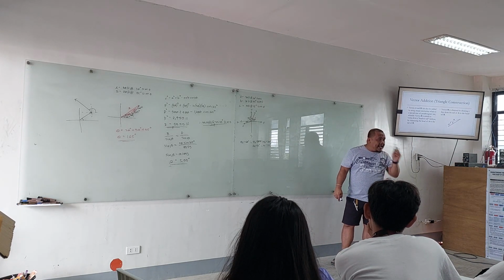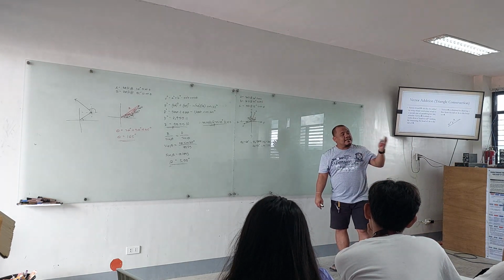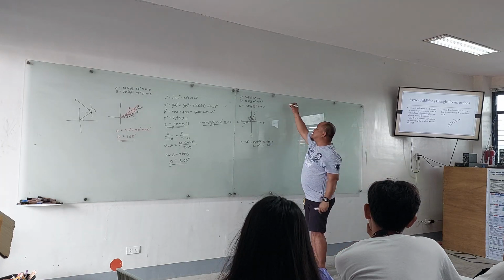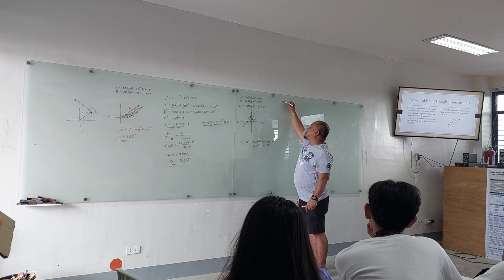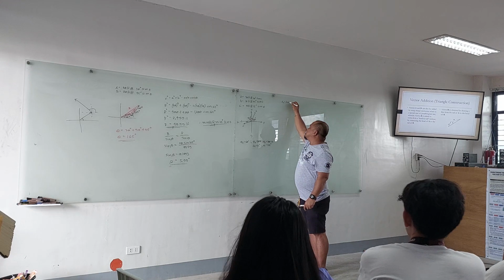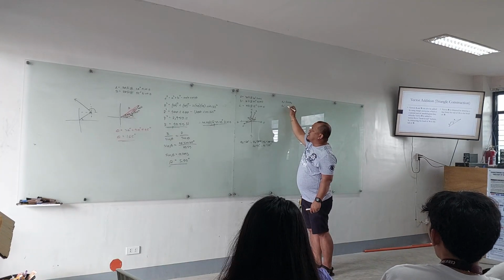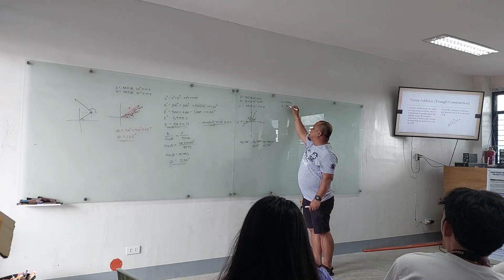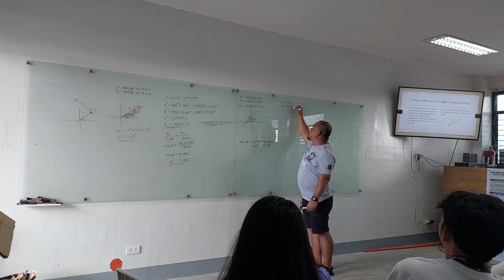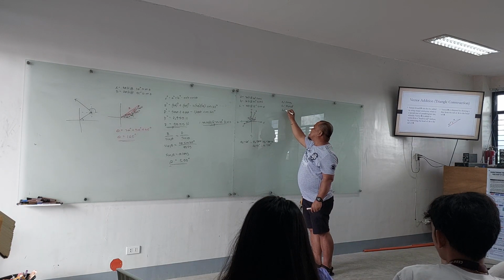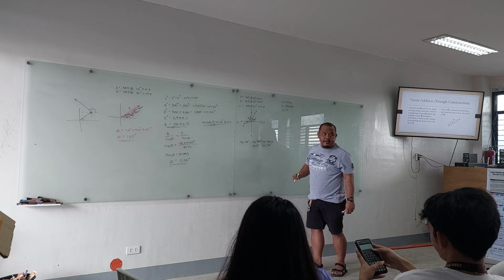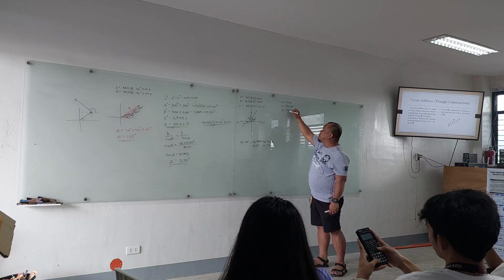Now we need to get the components. We have AX equals A cosine of theta A. AX equals 30 cosine of 60 degrees. AX equals 15 Newton.